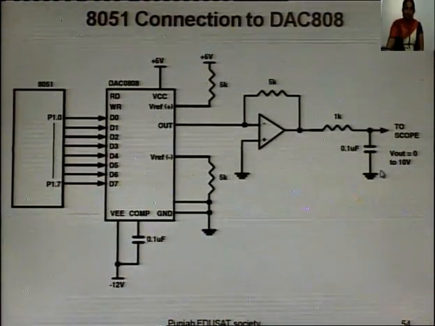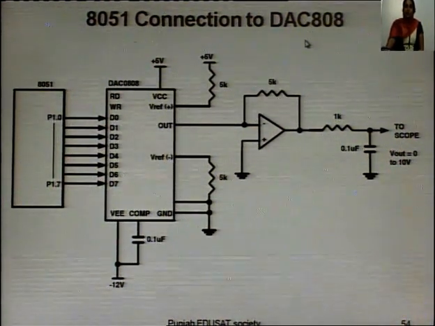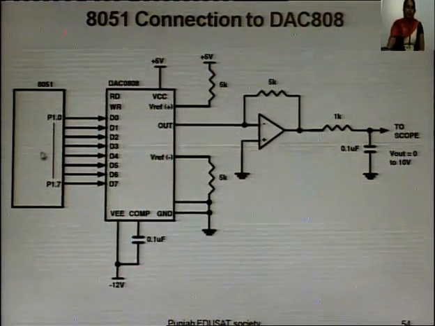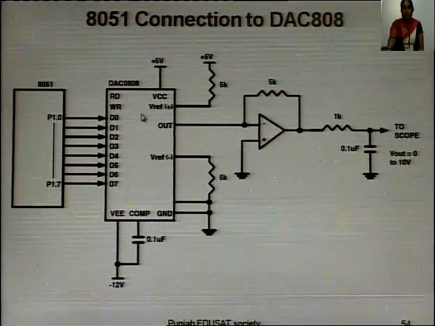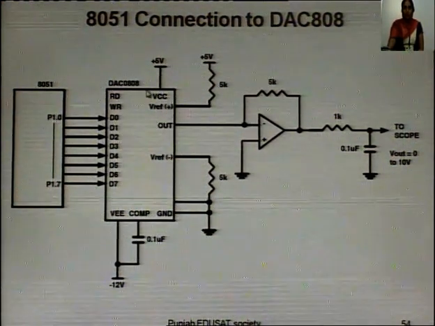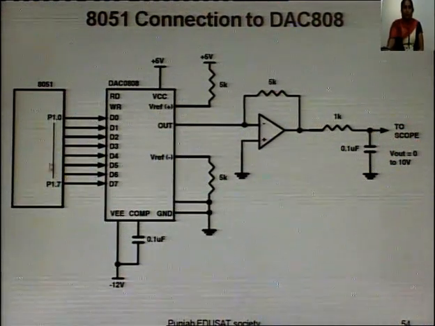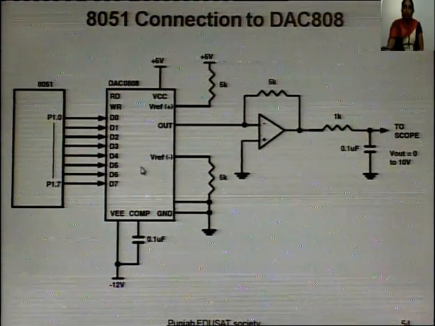Here are the 8051 connections of the digital to analog converter, that is 0808. Here the digital data from the 8051 is given to the digital to analog converter with the help of port 1. Port 1 is connected to the data bus of the digital to analog converter.